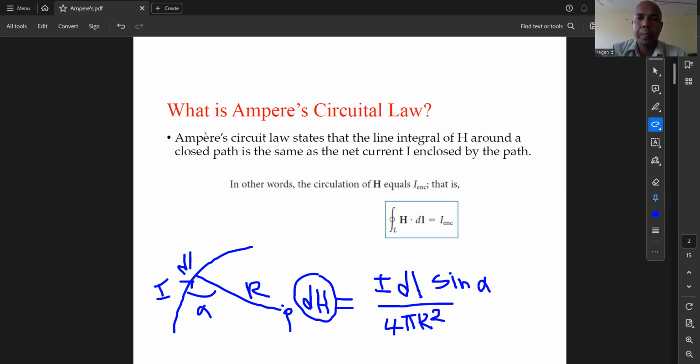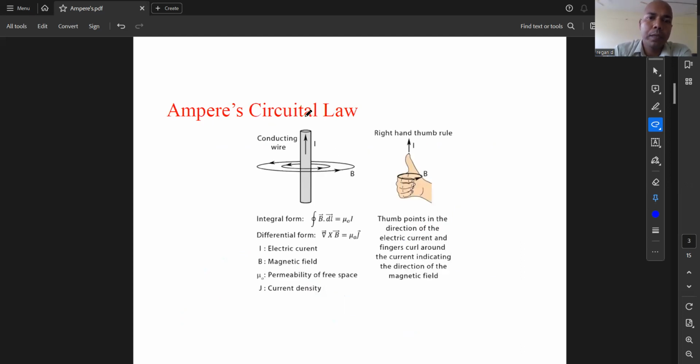So we can write the current enclosed is equal to the closed line integral of H dot dl. Here I'm taking a current carrying conductor with current I flowing upward, and we get a magnetic field around it in this direction, which forms one closed loop.